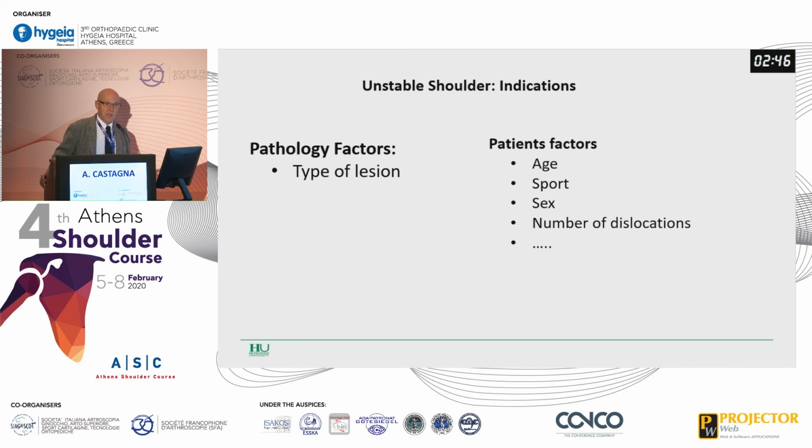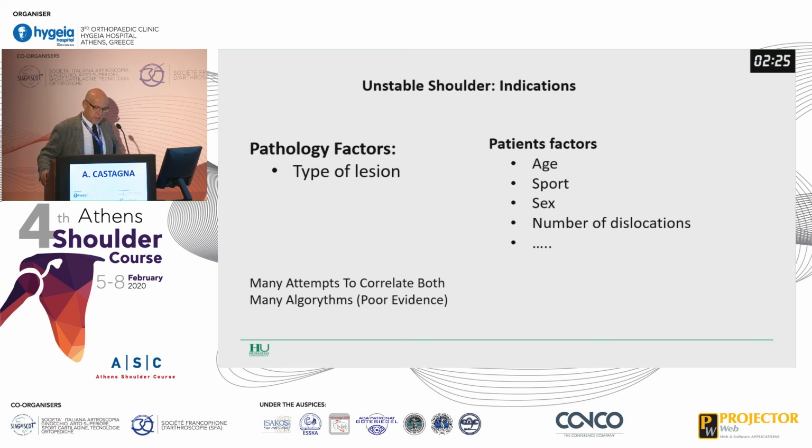The number of dislocation and many other elements are facing this. So when you are analyzing your patient, you understand we have an unstable shoulder. You must understand that the unstable shoulder may arise for many possible causes, and the kind of these causes may guide you for choosing the proper indication.